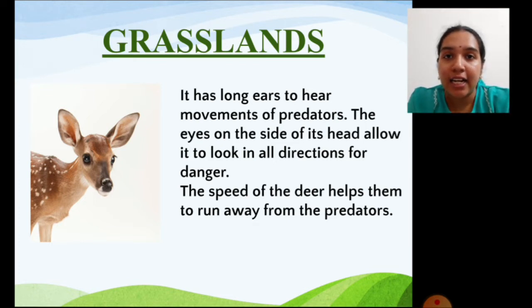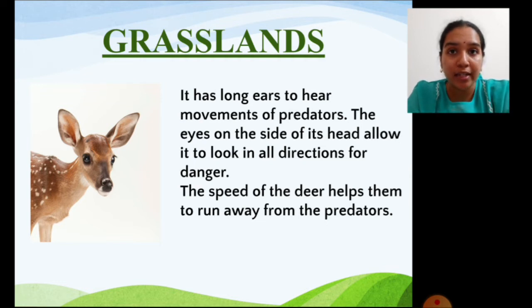It has long and stiff ears to hear the movements of its predator. Even the deer has great speed to run away from its predators and leave them behind to save itself. This is also one kind of adaptation seen in deer which live in the grasslands.